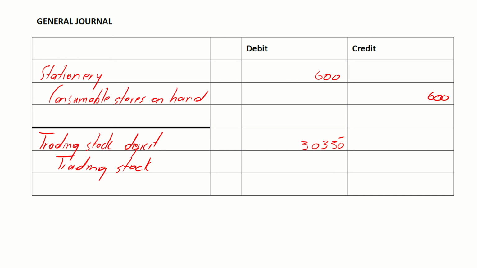Note that here we're crediting our trading stock balance of 800,350. It must go down by 30,350 to be 770,000. That's why we're reducing the total amount by 30,350, which is our trading stock deficit.